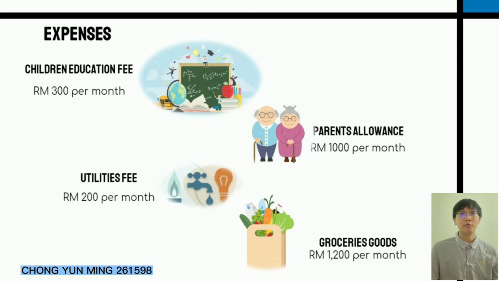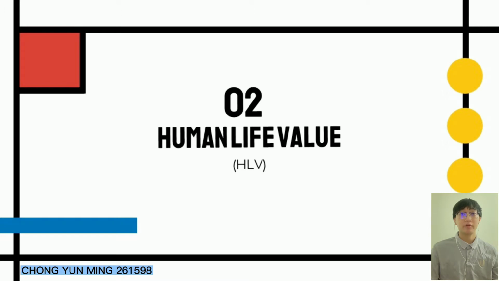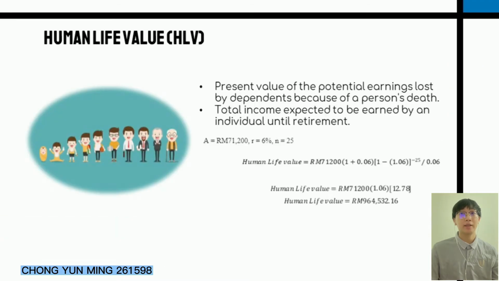Secondly, the human life value, whereby it is a present value of the potential earning loss by the dependents because of a person's death, and in other words, it's defined as the total income expected to be earned by an individual until retirement. Based on our assumption, we assume that Mr. Chow will retire at the age of 60, and his annual income is 72,000 ringgit, and his annual income requirement is 71,200.